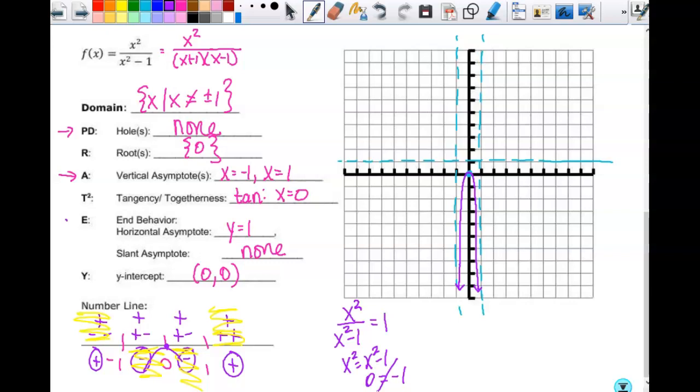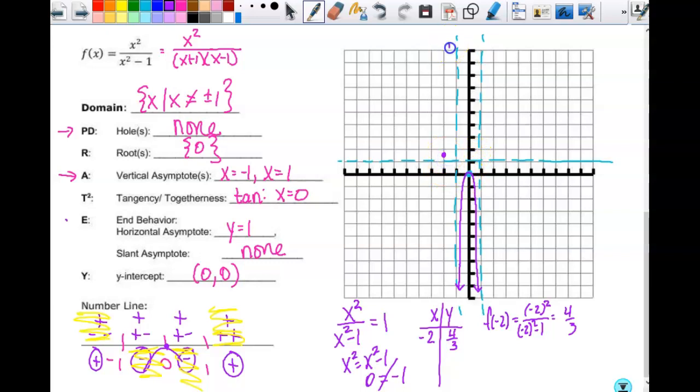Okay. But I do need some points in here, so let's try -2. Let's find f of -2. That's going to give me -2 squared over -2 squared minus 1. So that will give me 4/3. So I go to -2, 1 1/3.